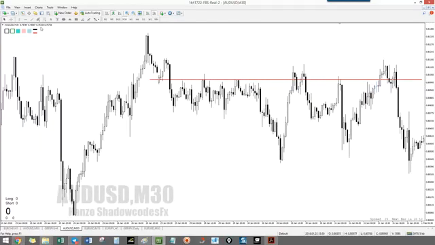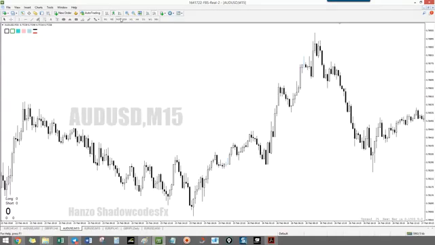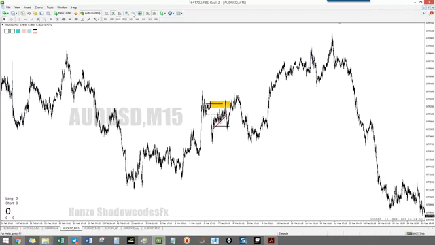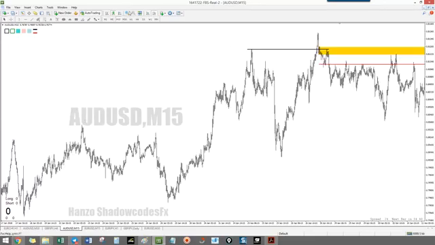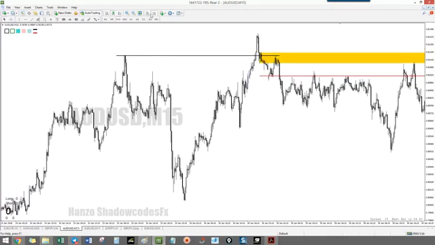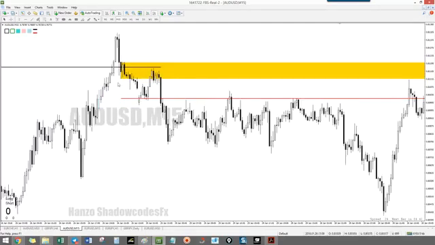Where is our decision? Our decision point, the best is at QMD. Sorry. The QM decision. Let's go to M15 if we can find it. All right, we can have this. In lower time frame, you will have a decision here.